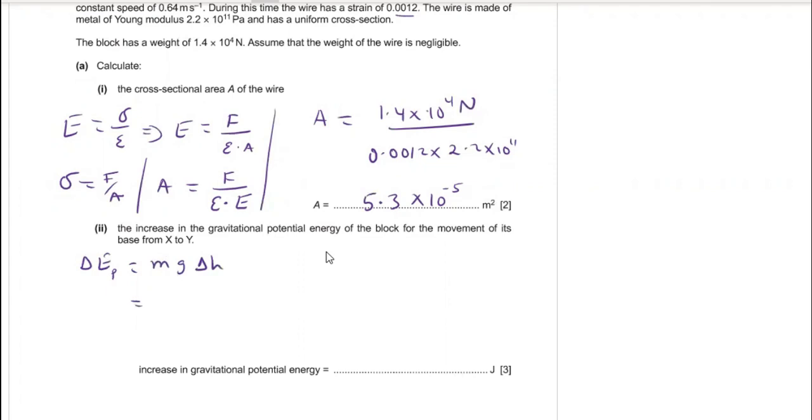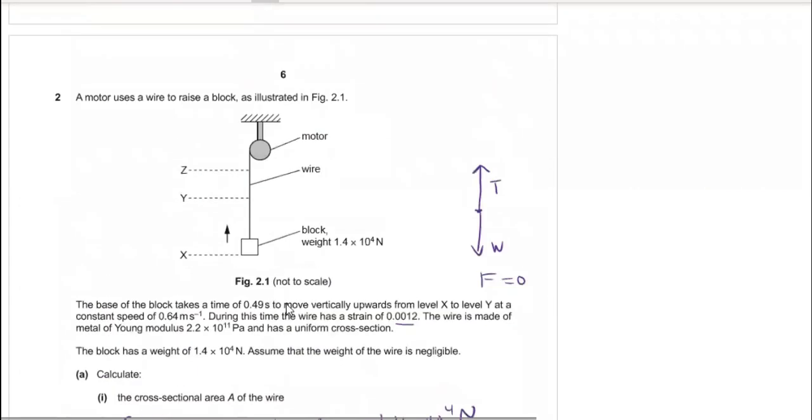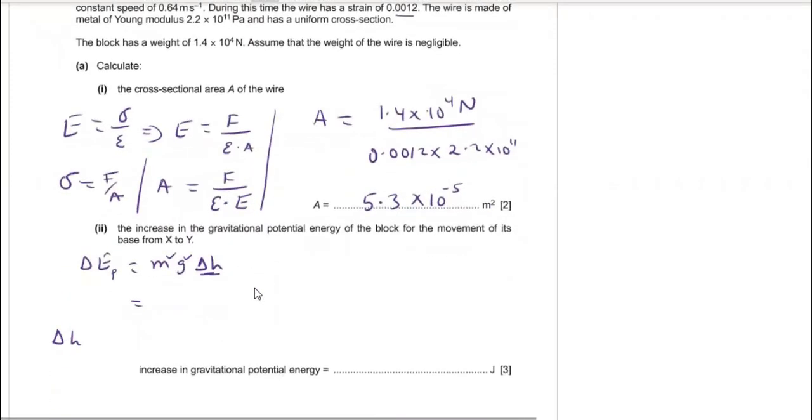If you look at this, we have mass, we have g, but we don't have h. So we can find the change in h. Change in h from x to y is equivalent to the distance moved from x to y. And that distance is moved in 0.49 seconds at a constant speed of 0.64. That means you can find h.